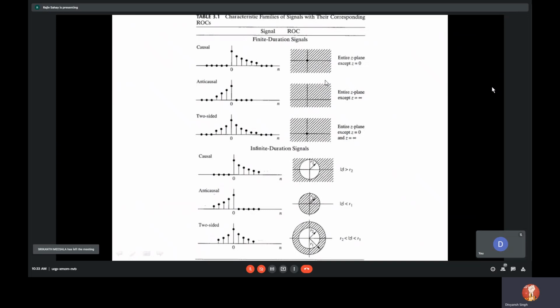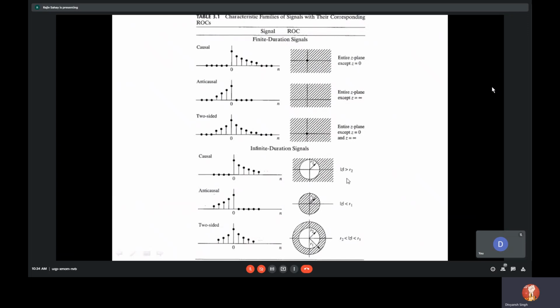The Z transform will converge for all points in the Z plane except infinity and 0 for these two signals. Now, if it is a finite duration two-sided signal, then this is the ROC: the entire Z plane except z equal to 0 and z equal to infinity. It is the combination of these two. For infinite duration signals, it can be a causal, an anti-causal, or a two-sided sequence.